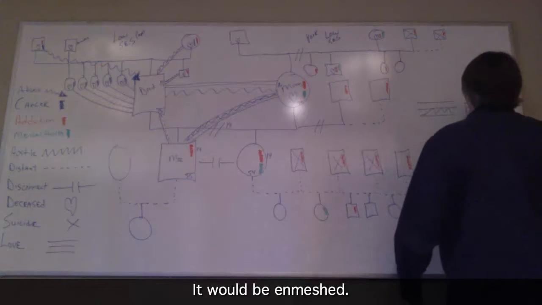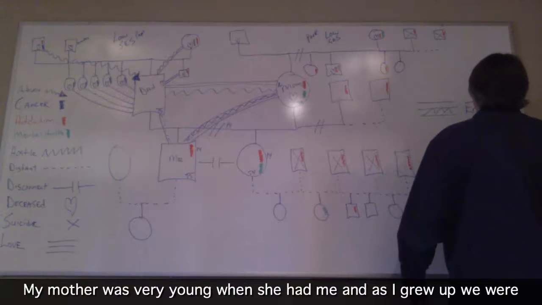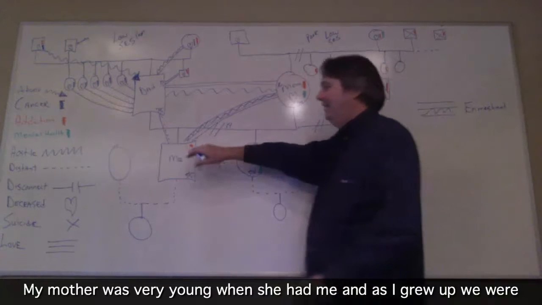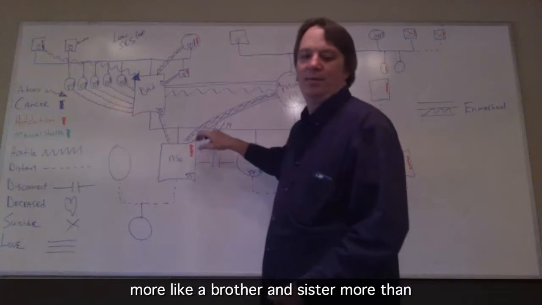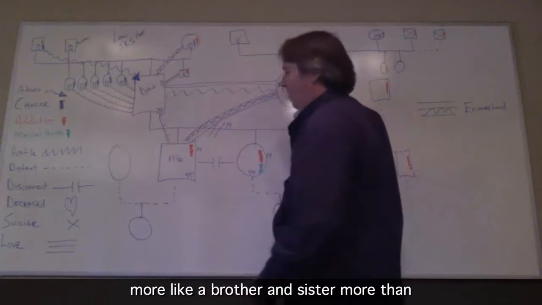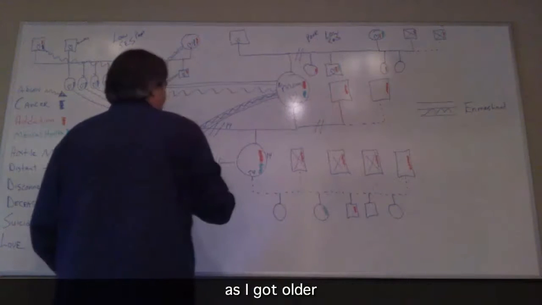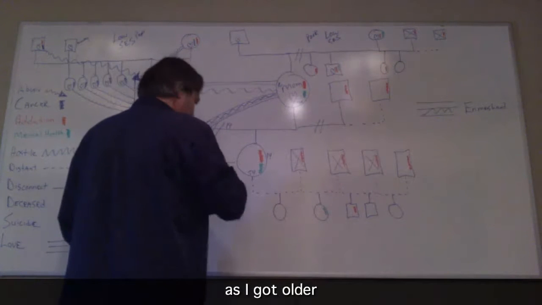It would be more enmeshed. My mother was very young when she had me, and as I grew up, we were more like brother and sister, more than my mother was my mother. We did use together as I got older.